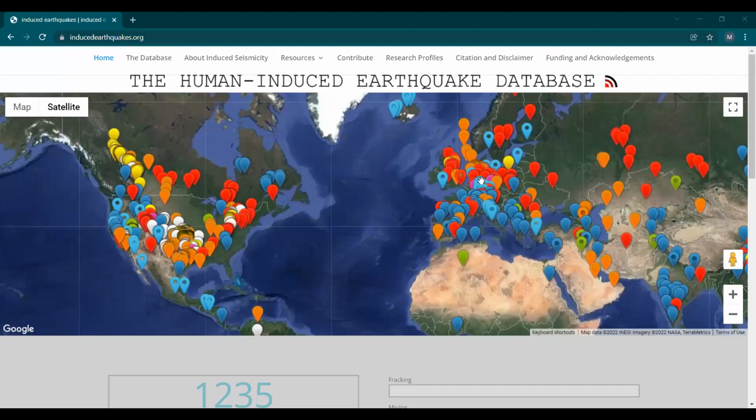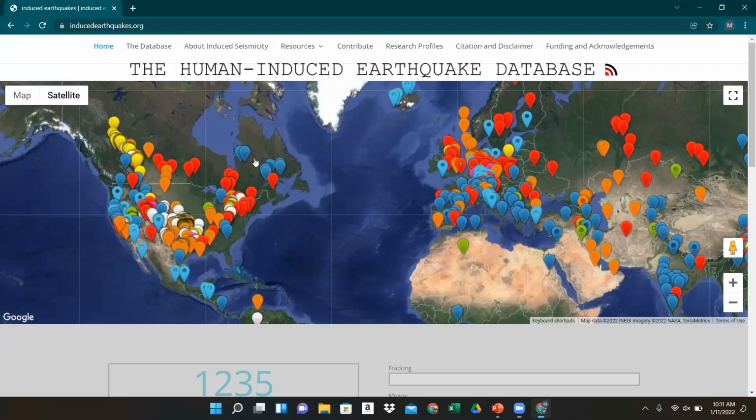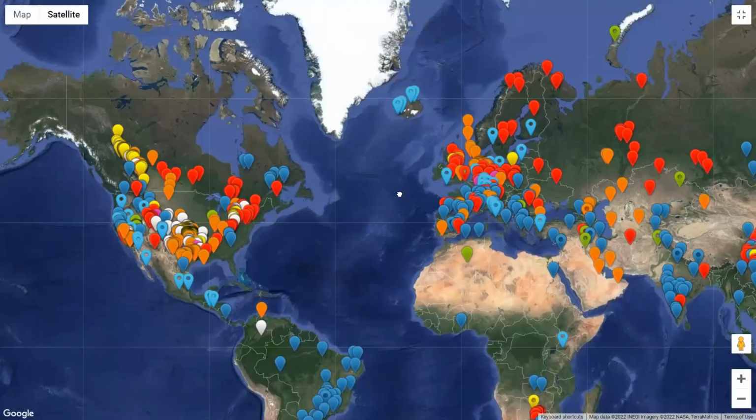Where is it? There it is. Okay, so this is that exact site. We're just going to take a look at what we can find. So let's take a look at Iceland up here.